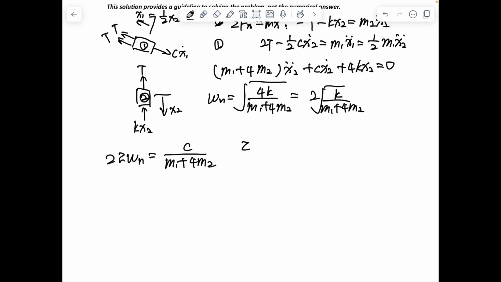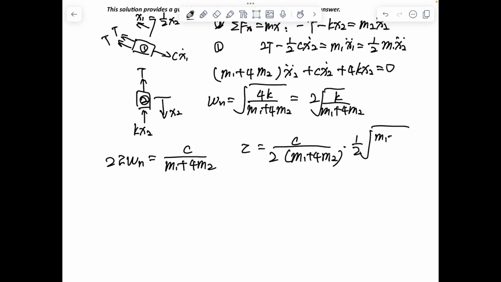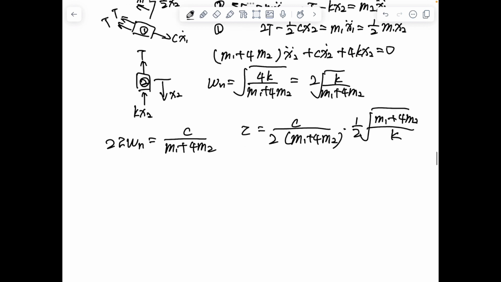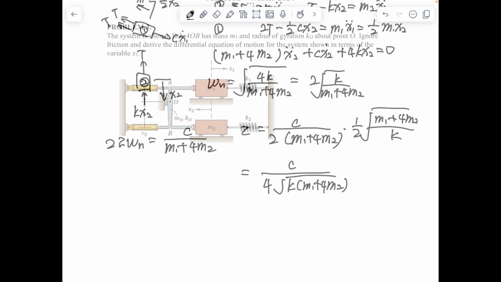Then zeta is equal to c over 2 times (m1 plus 4 m2) times 1 over 2 times the square root of (m1 plus 4 m2) divided by k. So the damping ratio is equal to c over 4 times the square root of k (m1 plus 4 m2).